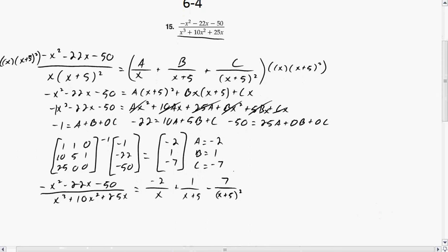And that is how we perform partial fraction decomposition in 6.4.